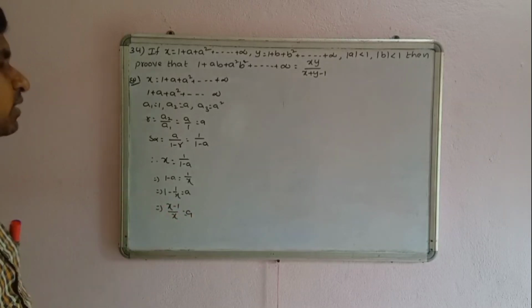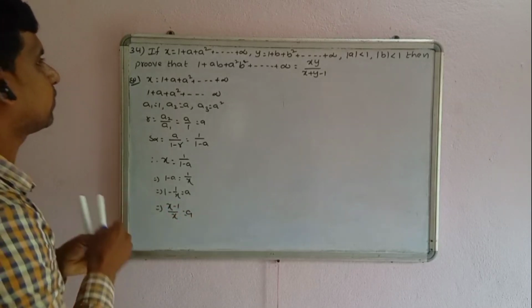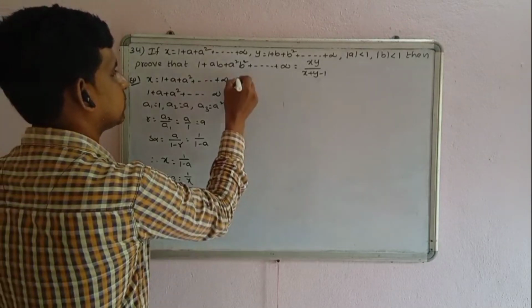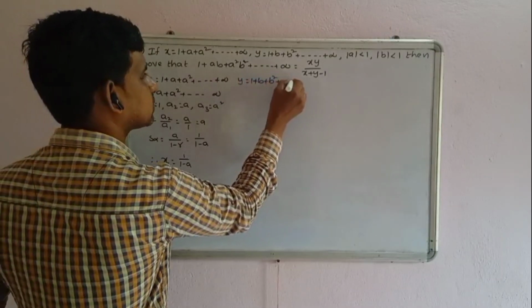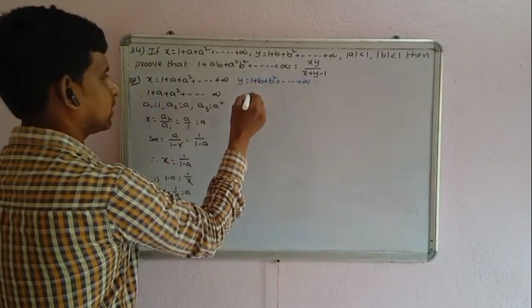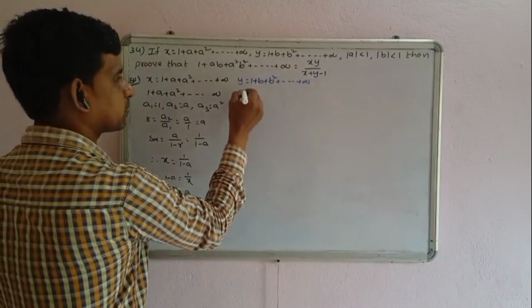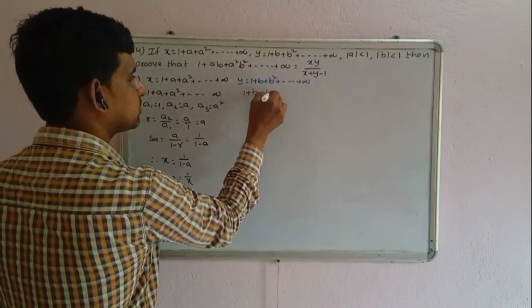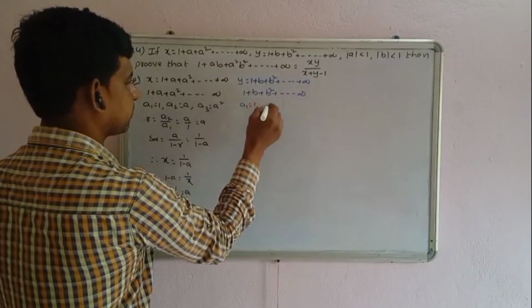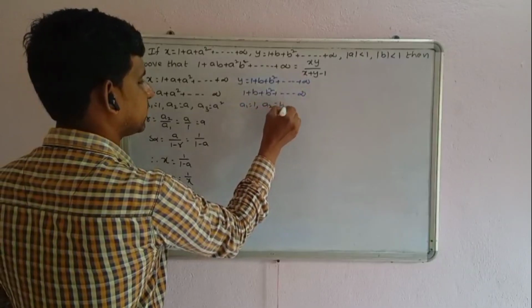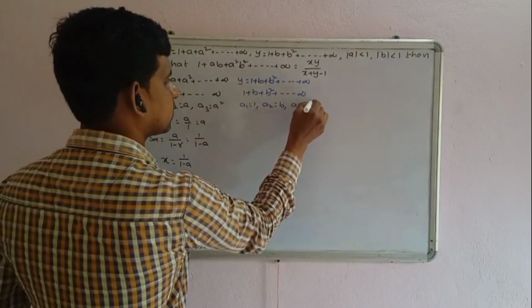First sum done. See the second sum. y equals 1 plus b square plus so on infinity. Okay, so first solve this one. Here a1 is 1, the first term, a2 is the second term, that is b, a3 is b square, the third term.